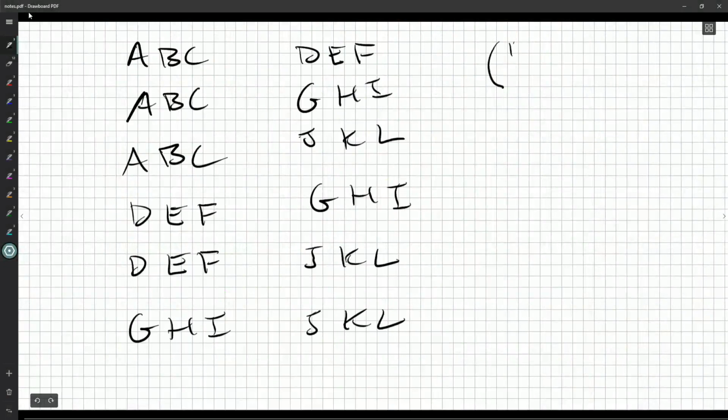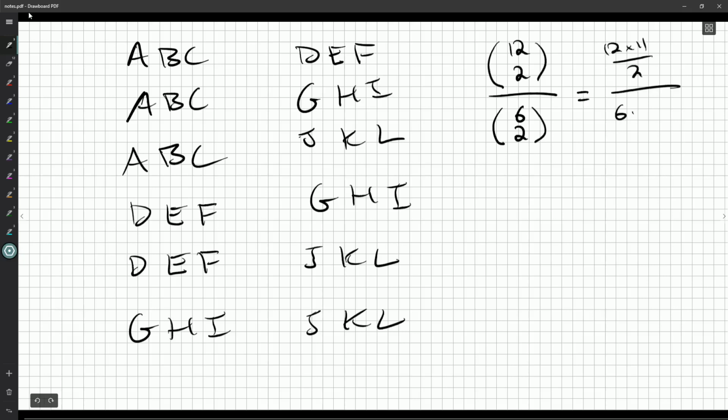We've got 12 choose 2, and each trip gives us 6 choose 2 possible pairs to work with. So that would be what? 12 times 11 over 2 divided by 6 times 5 over 2. The over 2's will cancel out. The 12 over 6 will give me 2, so we'll get 2 times 11 over 5. So that would be 4.4. So that would mean that 5 suffices.